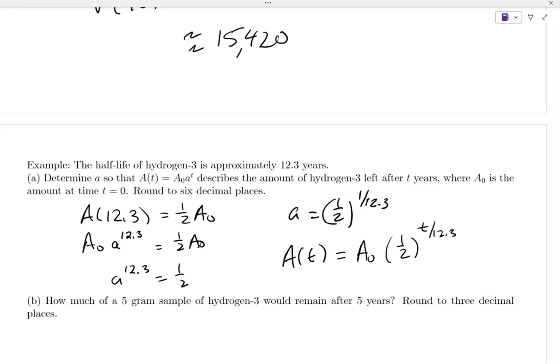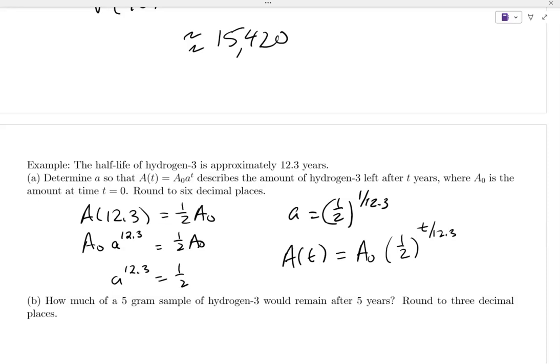Because again, I would plug in this 1/2 to that power, and then raise that to the t power. You multiply your exponents in that case.